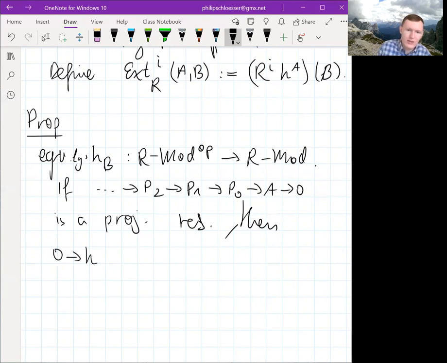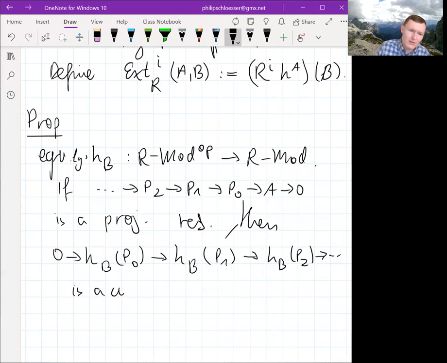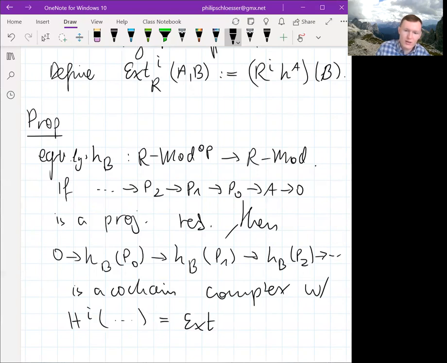Then we can again clip off the A part and have this thing, which is again a cochain complex, with H^i of that thing equal to Ext^i(A, B).